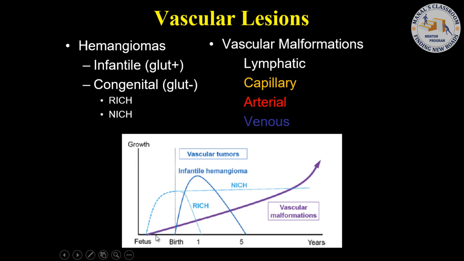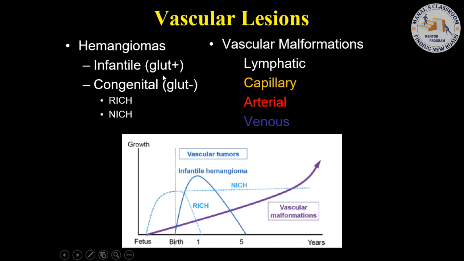So when we look at this diagram and we see this hemangioma arise in the fetus and then involute, this is what's referred to as a rapidly involuting congenital hemangioma. But if that hemangioma that arises in the fetus does not involute and continues, this is what's referred to as a non-involuting congenital hemangioma. So it can be a little confusing, and all of the congenital hemangiomas are glutamine negative.